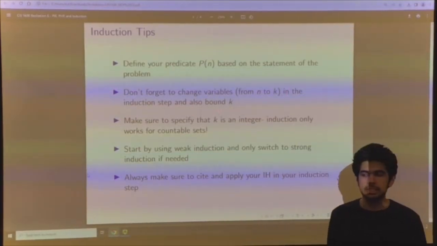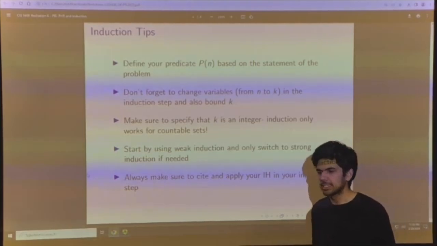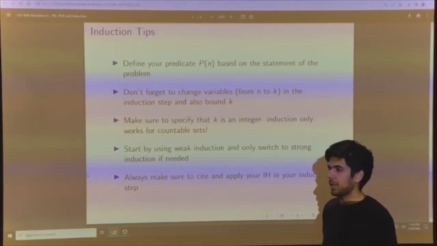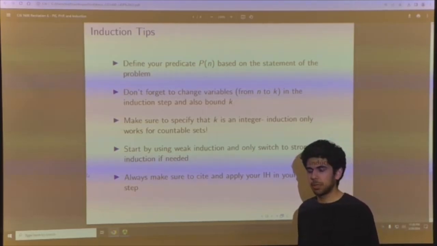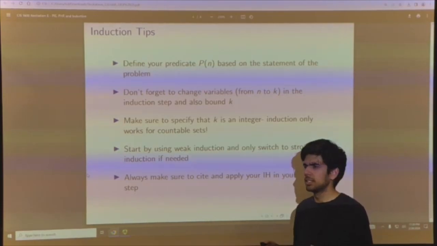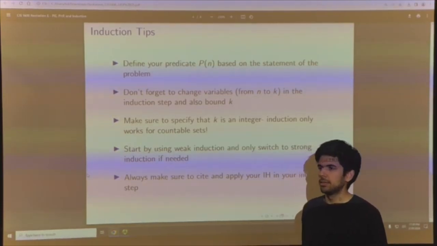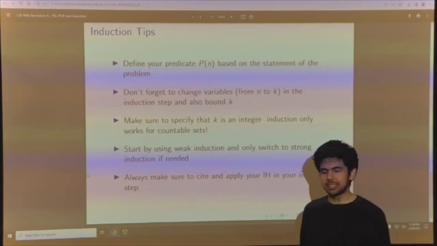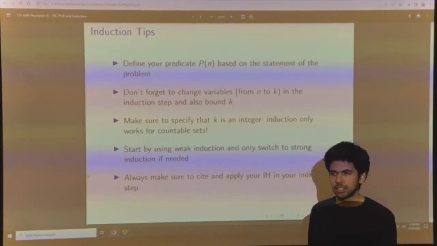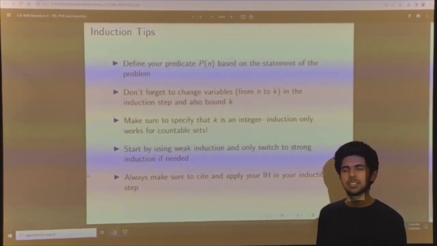Before I go through these, I'll mention that if we haven't already, it will be done very soon. But on Piazza, there's going to be a post that has what we call induction standard deductions, meaning it outlines mistakes that are commonly made during induction, and some of them are seemingly small.